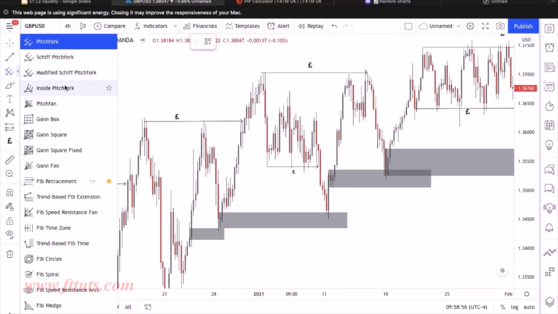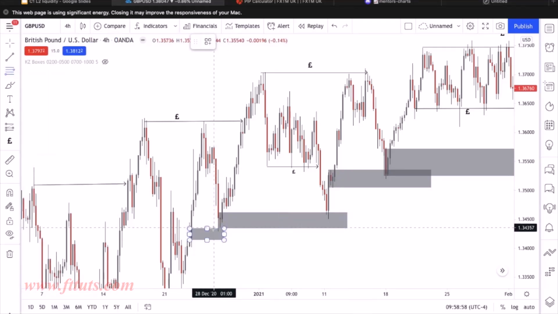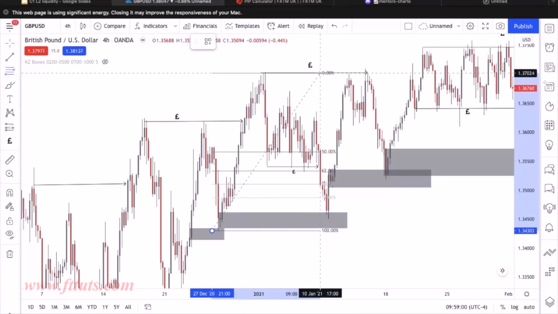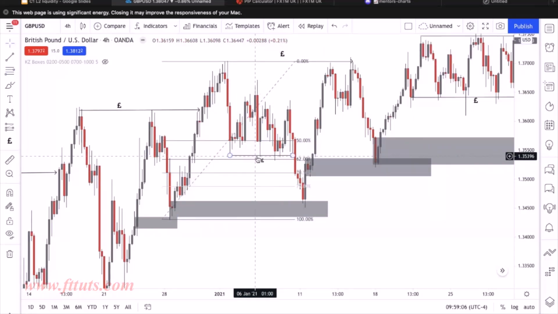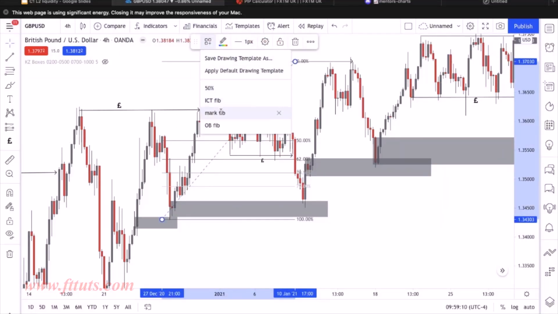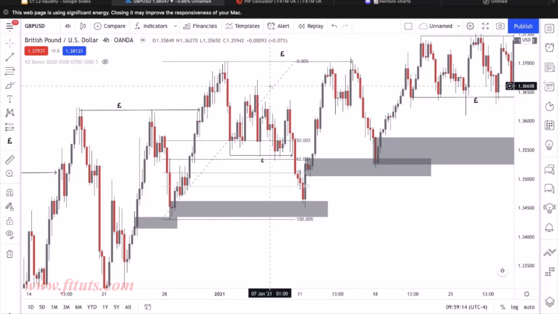Take out my fib level, mark out the low, mark out the high of this swing low and this swing high. Okay, cool. So this area over here is the 618, right? Let's just say the 62% almost aligns with the 61.8. So this area over here is the 61.8.